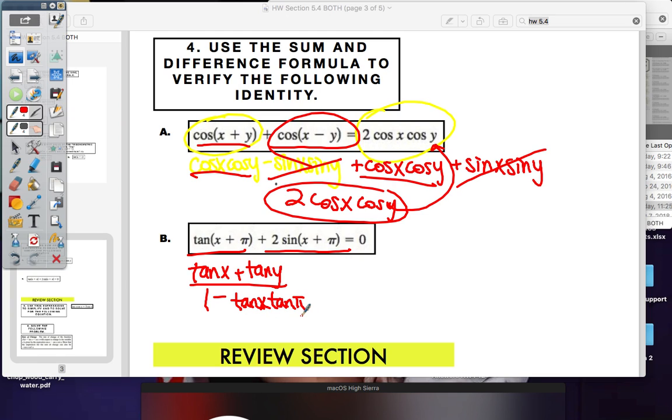Y is the same as pi in this instance. What is tangent of pi? That's 0. Good. So this is 0, because 0 times anything is 0. So this would be tangent over 1, which is just what?